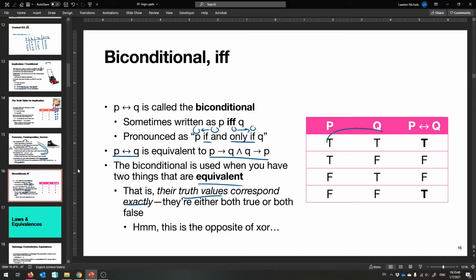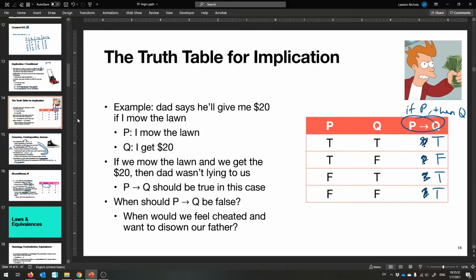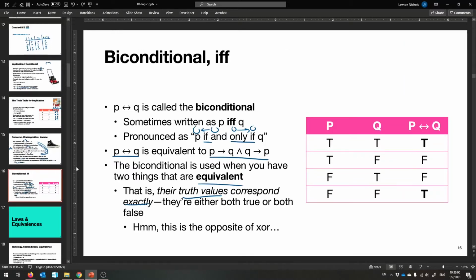So in this case, if P then Q is true, and if you do it backwards, P implies Q and Q implies P. So if this is true and true, these are both true.